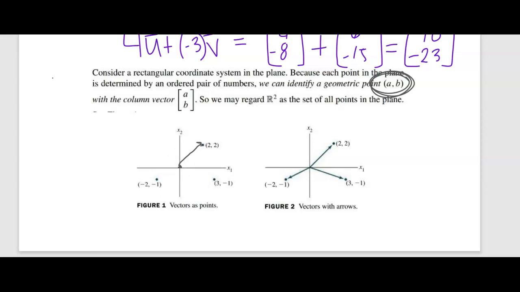Now, it is important to know that all parallel vectors, let's call this vector u, that have the exact same magnitude and direction are just translations of vector u. So those would be equal vectors. It just doesn't start at the origin. But the original notation means start at your origin and then go to that x, y in the xy plane or x1, x2 plane.